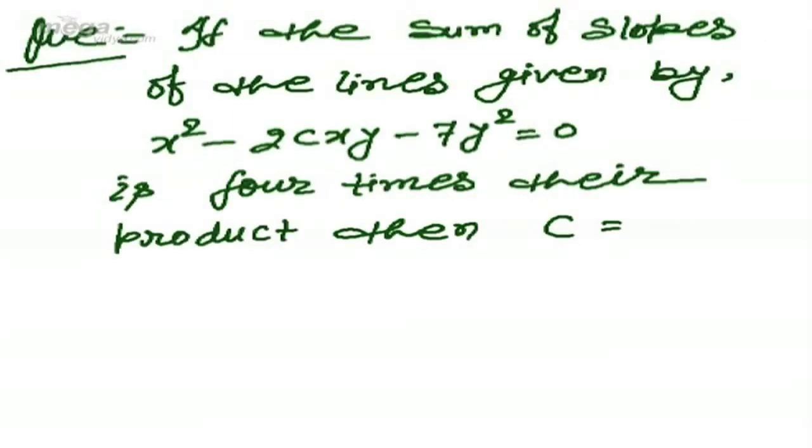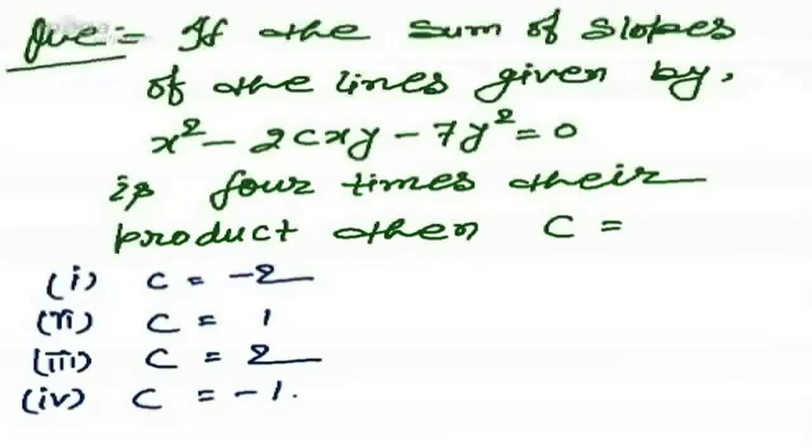Student, the next question is: if the sum of slopes of the lines given by x² − 2cxy − 7y² = 0 is 4 times their product, then c is equal to, and your options are c = −2, c = 1, c = 2, c = −1.